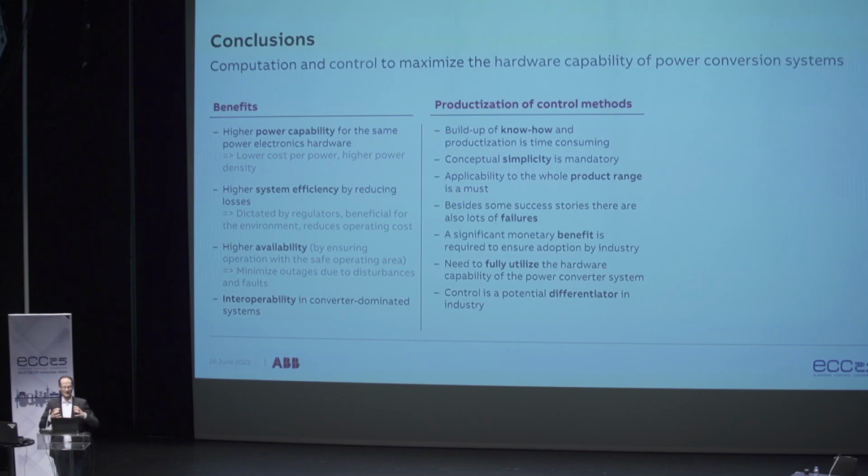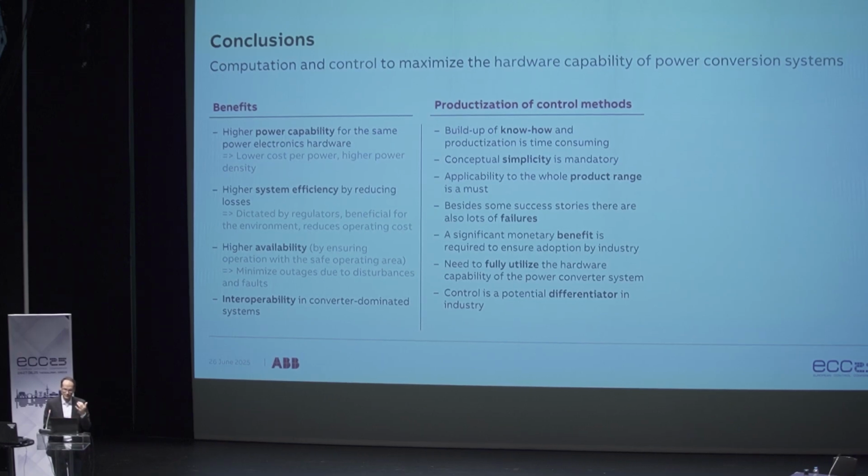So just having a better performance, having lower harmonic distortions, having faster transients, if you can't map that into how this will make your product more competitive or less costly, or you can increase the power, this is not going to work. And one dimension to get things done is to get more out of your assets, to get more out of your hardware.